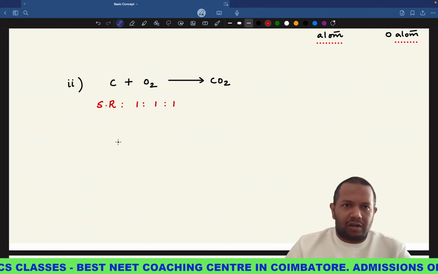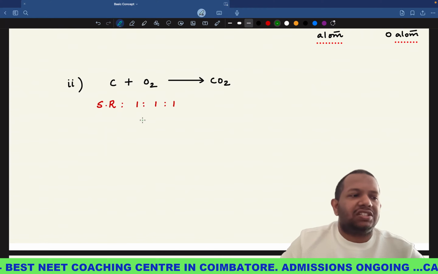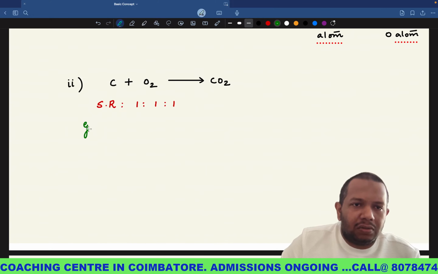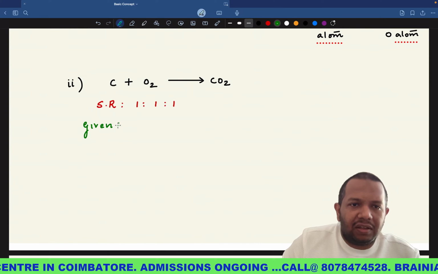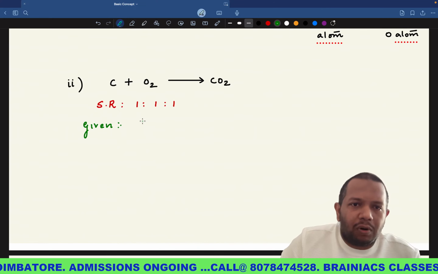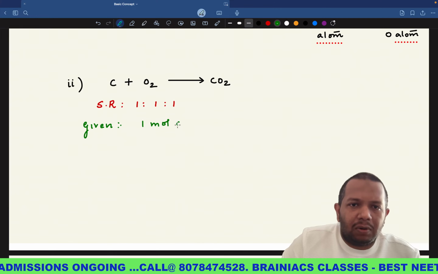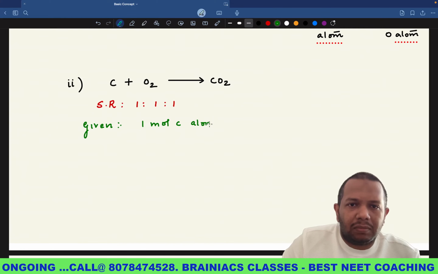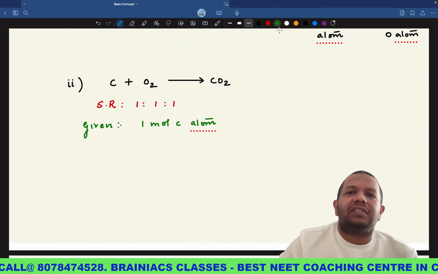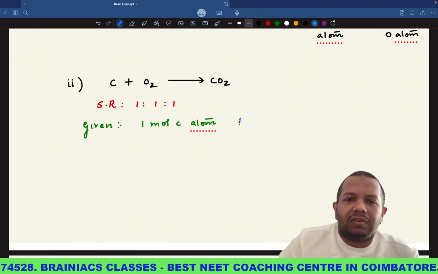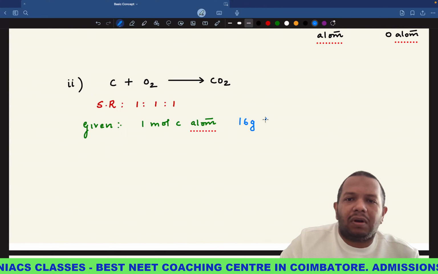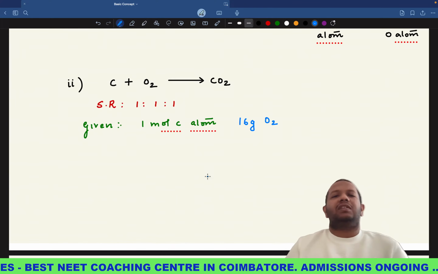Now the given has changed. So what is given? They have given 1 mole of carbon atom, and they have given 16 gram of oxygen also. These are the 2 things given.